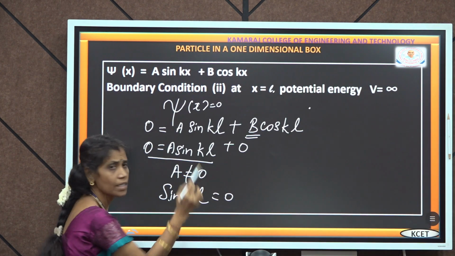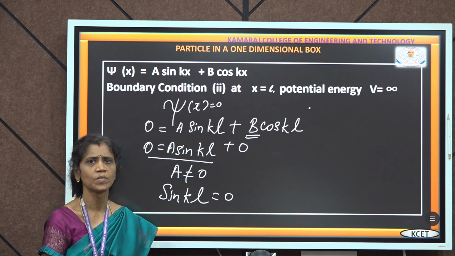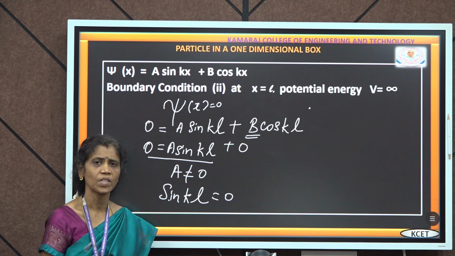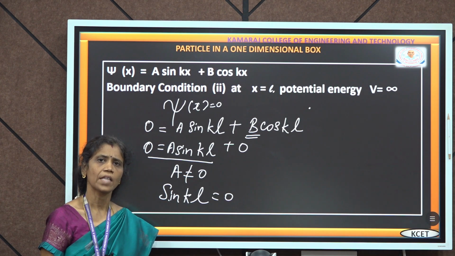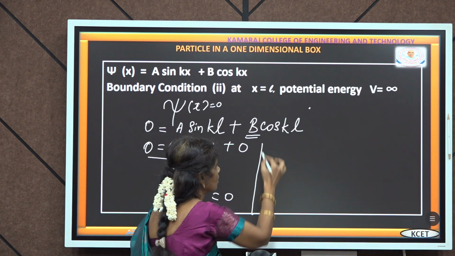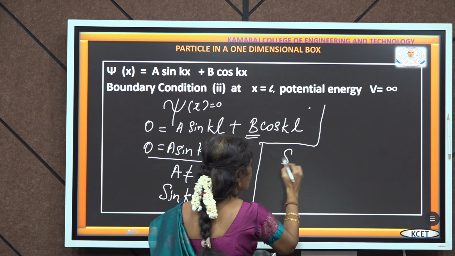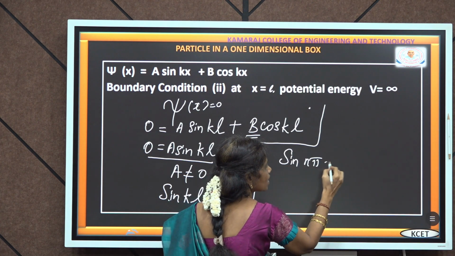Sin KL is equal to 0. Whenever the sin value becomes 0: sin 0 is 0, sin pi is 0, sin 2 pi is 0, sin 3 pi is 0, it goes on. Sin n pi is equal to 0.